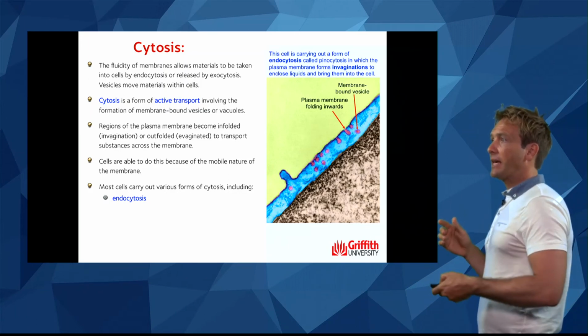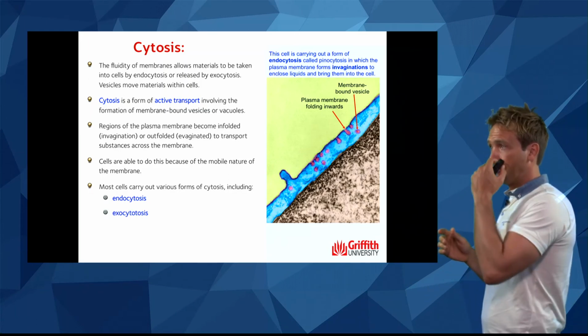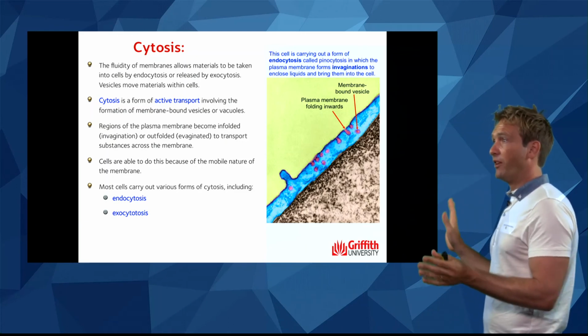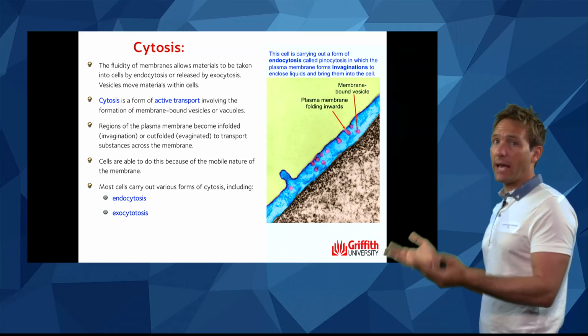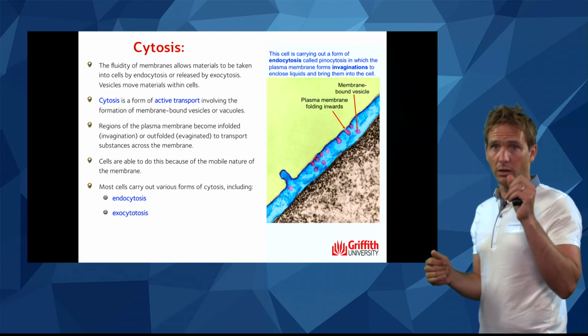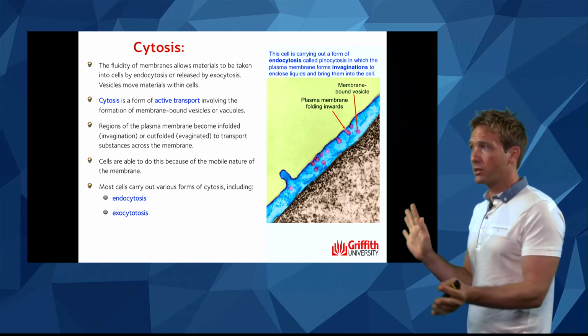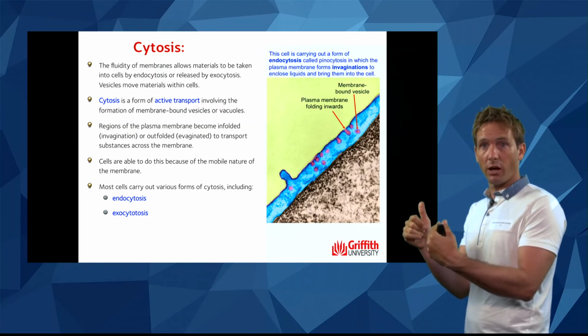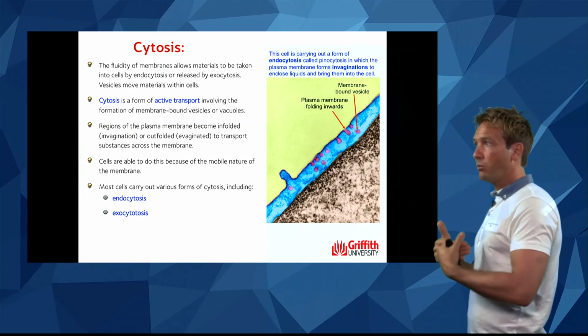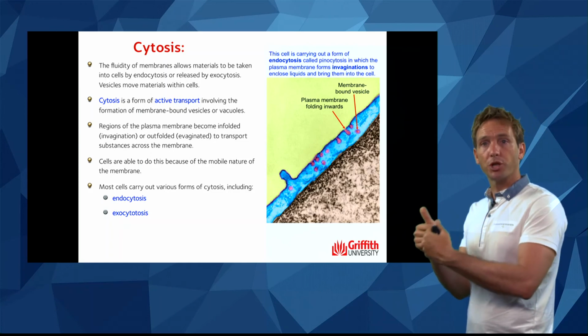Now, they can carry out cytosis in the form of endocytosis and exocytosis. All about words. Biology is all about words. I've said it from the beginning. Endo means inwards, inside, to pull things inwards. Exo means outside, to push things outwards.